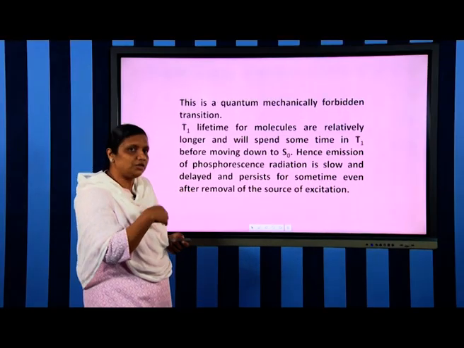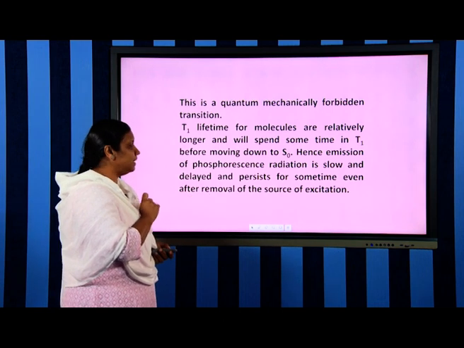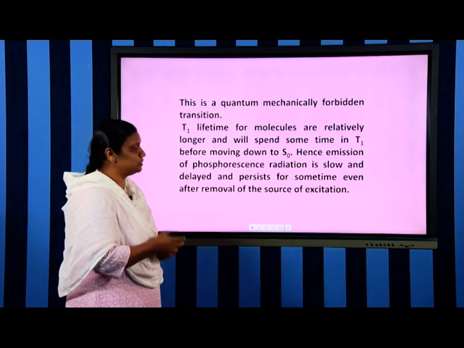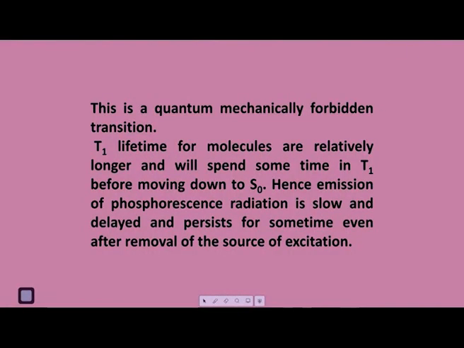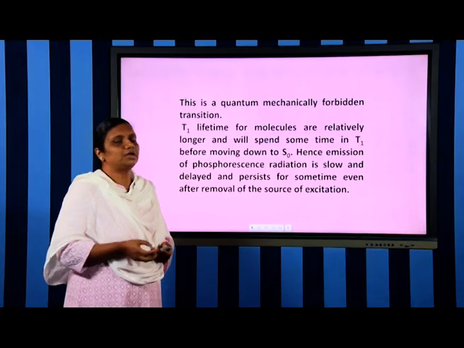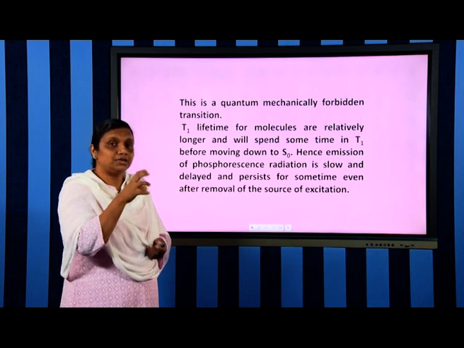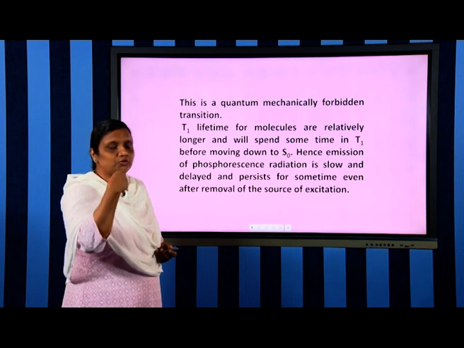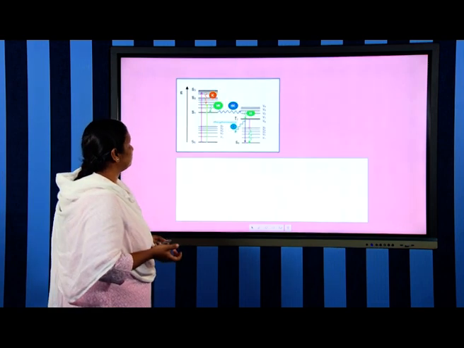Hence, the emission of phosphorescence is slow and delayed and persists even after the source of excitation is removed. That is how we have glow in the dark toys, clock dials which glow in the dark. That is because they contain chemicals which are phosphorescing in nature. So, even if you remove the light, it will glow in the dark. So, they are phosphorescing material.